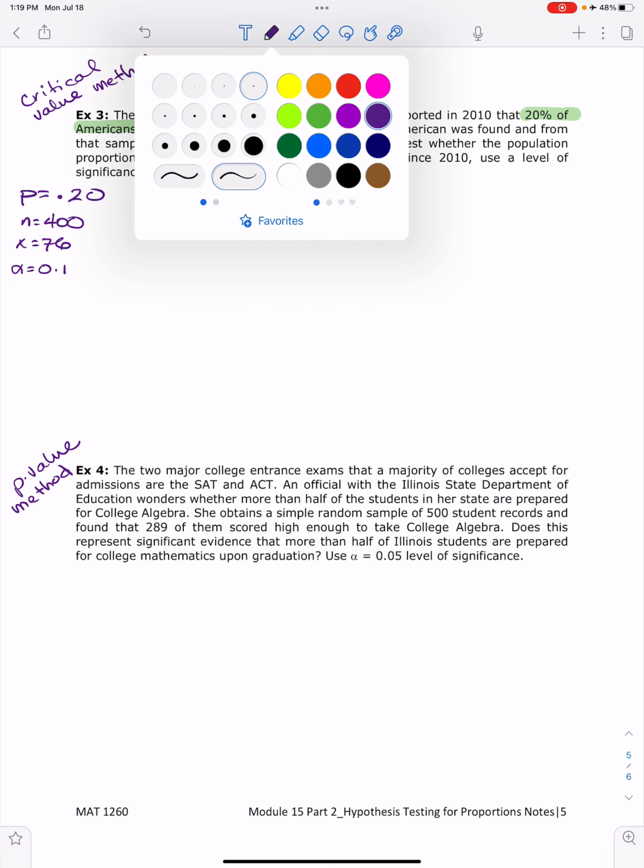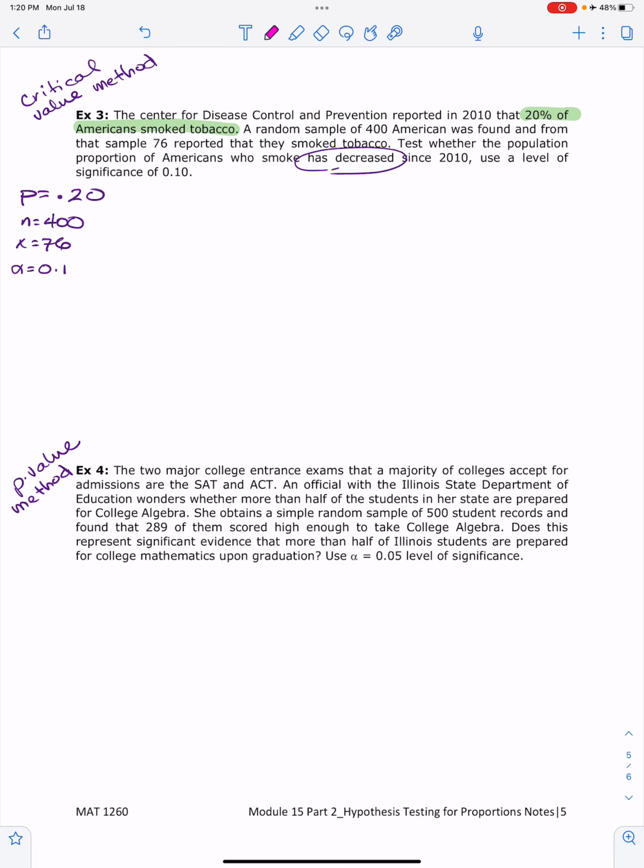First thing we are going to do is check the central limit theorem. So we're going to take our n, multiply by that population proportion times 1 minus the population proportion. We get 64, which is greater than 10, so we are okay.